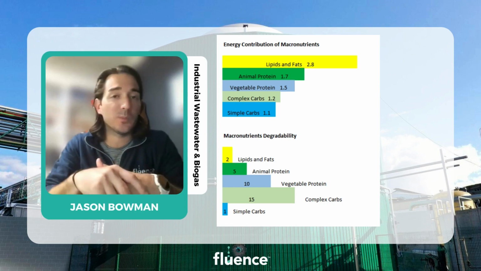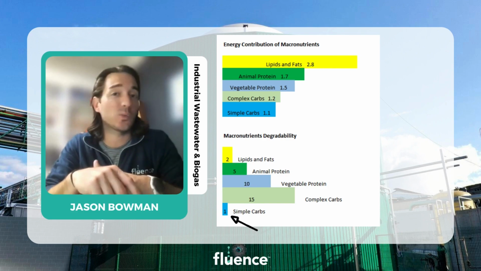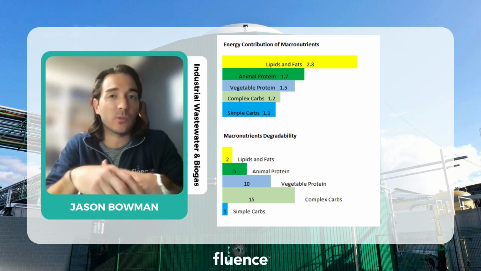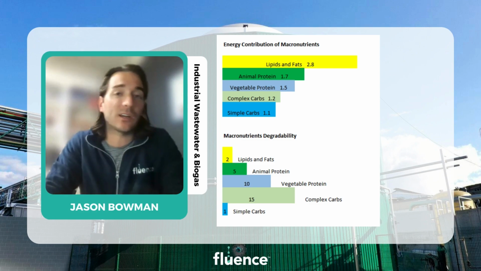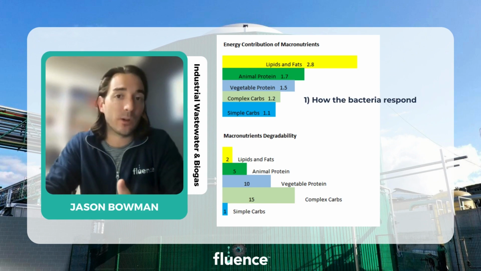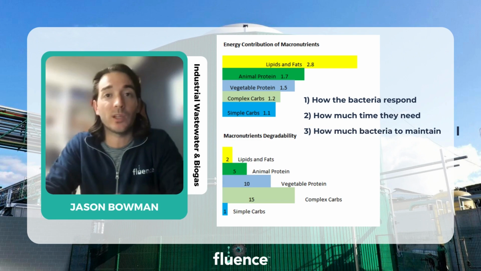So we see here that lipids and fats carry a very, very high energy content. We see that simple sugars take a very short time to break down, whereas complex carbs may take longer to break down. So this is all very important when we start talking about different digester styles because it influences a number of things. Number one, how the bacteria respond. Number two, how much time they need to do it. And number three, how much active bacteria that we need to maintain to ensure that the digester is doing what it's supposed to do.